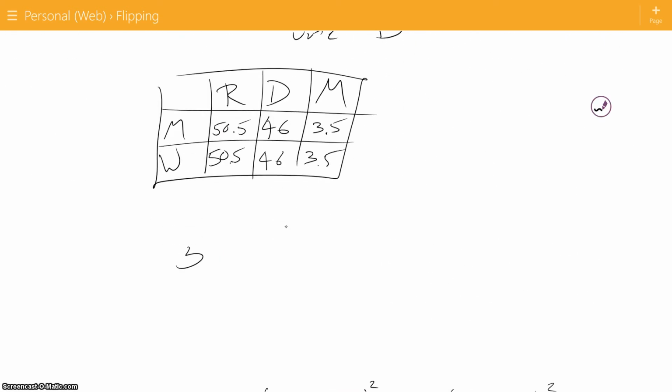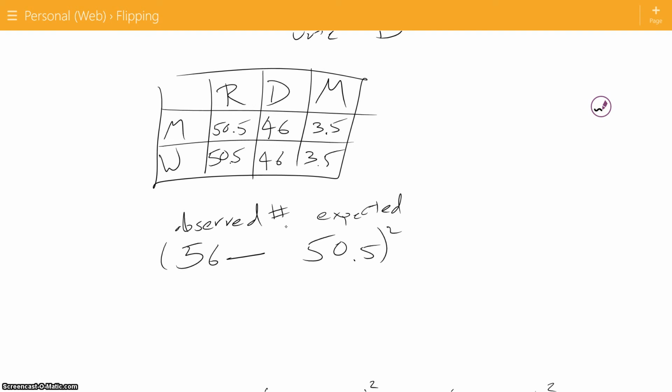So I would have 56, this is my observed number, minus my expected, which we calculated out to be 50.5, and this is going to be squared. Divide that by the expected number that's going to go on the bottom, and so we're just going to repeat here this 50.5.